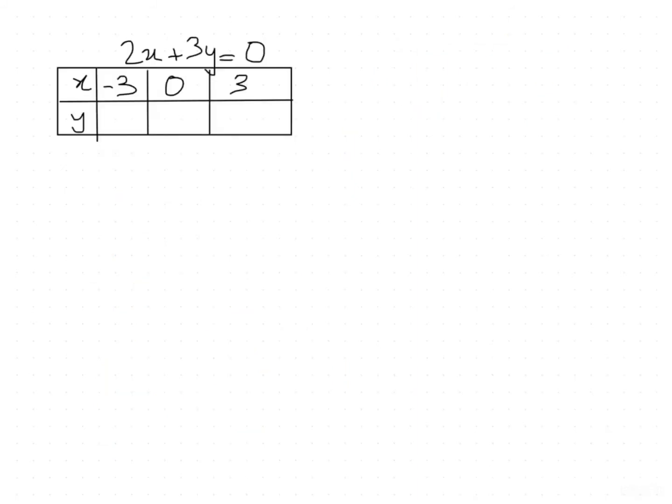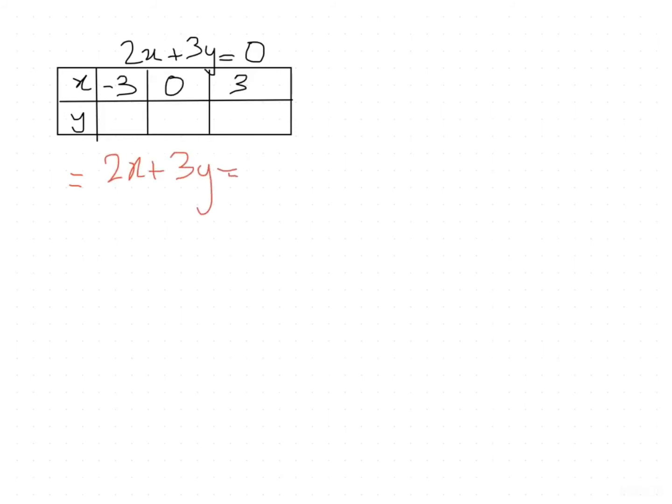Now as we have found all the values for equation 1, equation 2 comes: 2x plus 3y equals 0. That's equation 2. We have to choose any points randomly, like in the previous equation. I have chosen -3, 0 and 3. Let's find the value of y when x equals -3. 2x plus 3y equals 0.